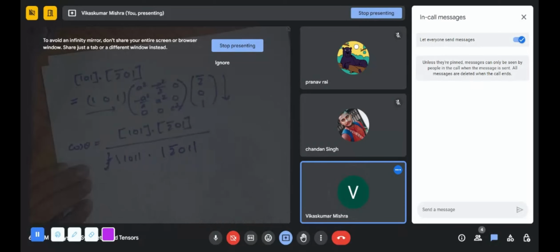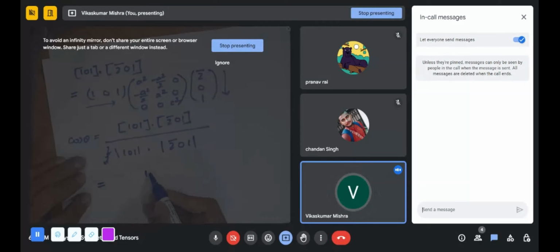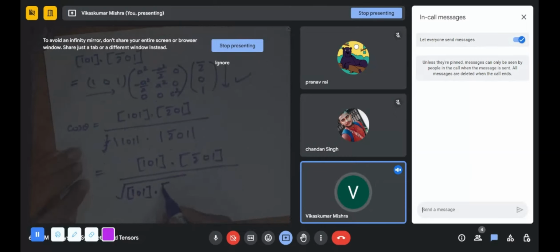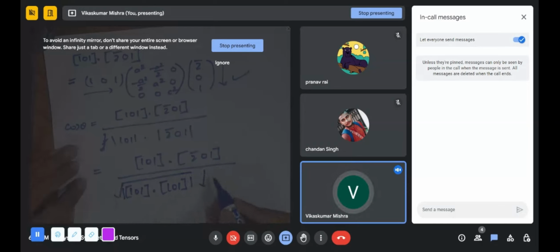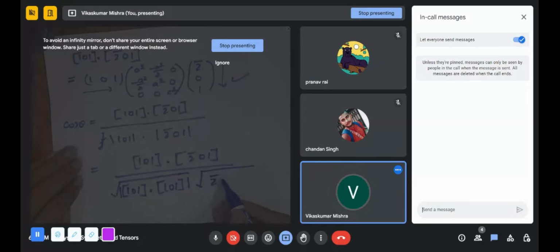So how can it be done? 101, which we will find over here, times 2 bar 01, the whole divided by root over the dot product of 101 with 101 only. We will get the magnitude and take that magnitude as it is, times root over the dot product of 2 bar 01 with itself.